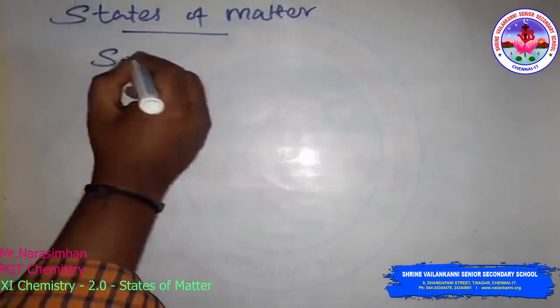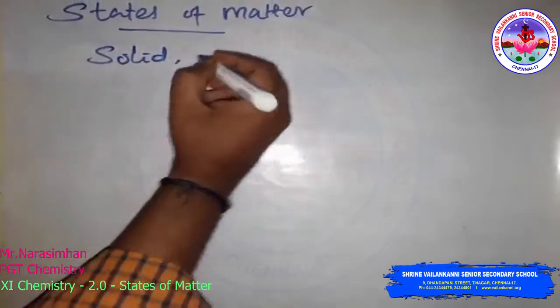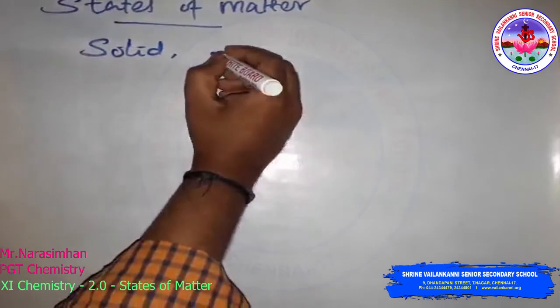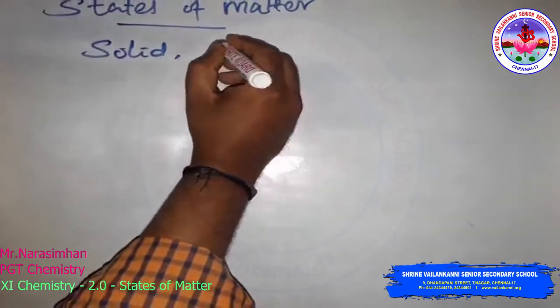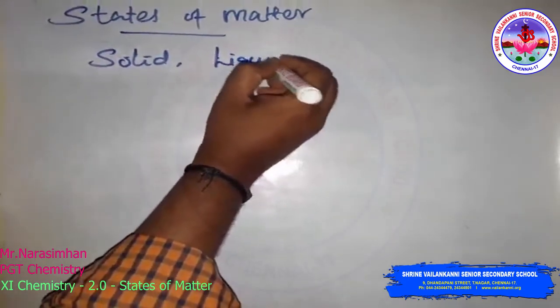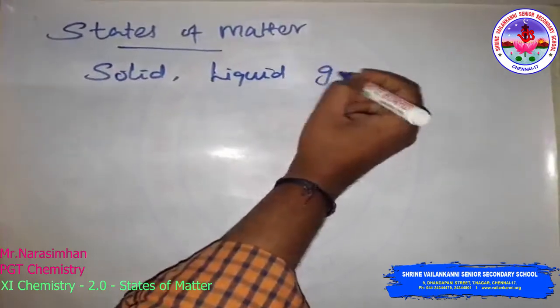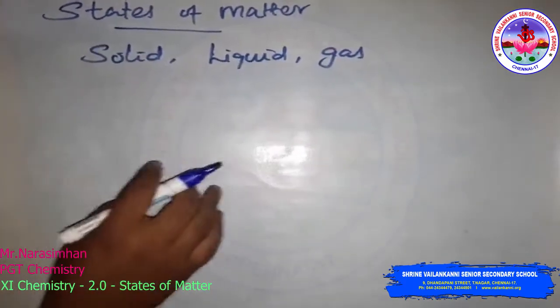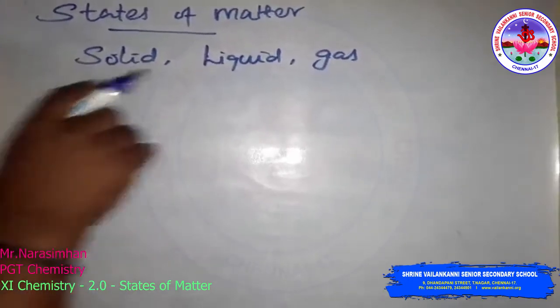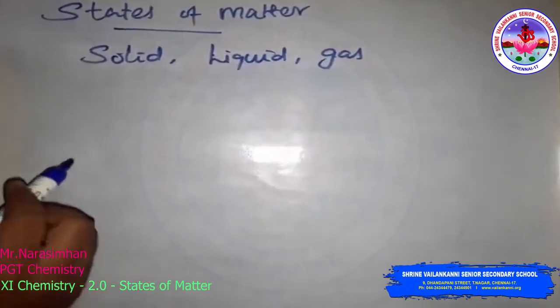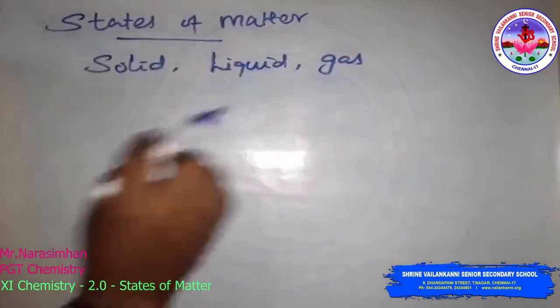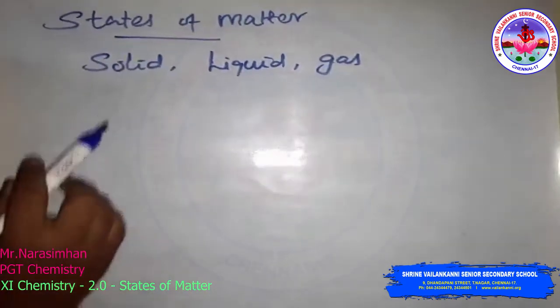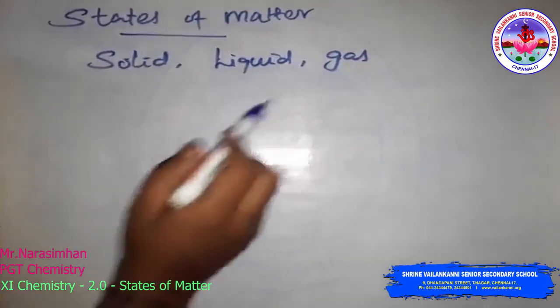These are the physical states of matter: solid, liquid, and gas. Plasma and Bose-Einstein states exist, but we are going to learn these three states of matter, that is, the physical states of a chemical substance: solid, liquid, and gas.